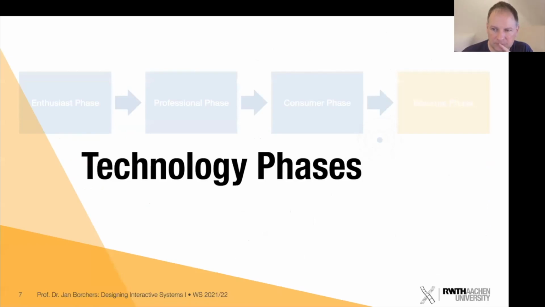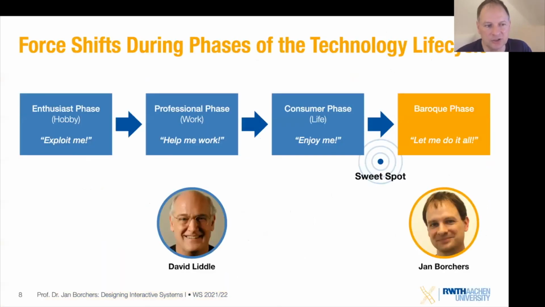So during the life cycle of a new technology, which could be anything, from the mouse to graphical editing to the cell phone or whatever, you first often have a phase where things are being developed in research labs, and where if they get out of the research lab at all, they're mainly adopted in a hobbyist phase, an enthusiast phase, I would call it, which means it's there because the technology says exploit me, use me for doing crazy stuff, right?